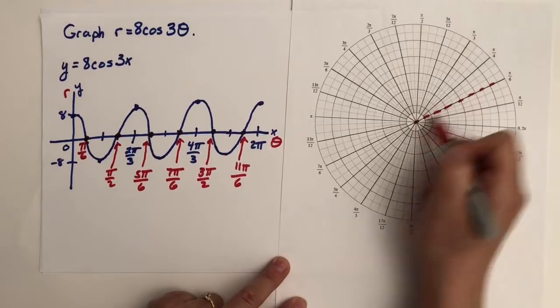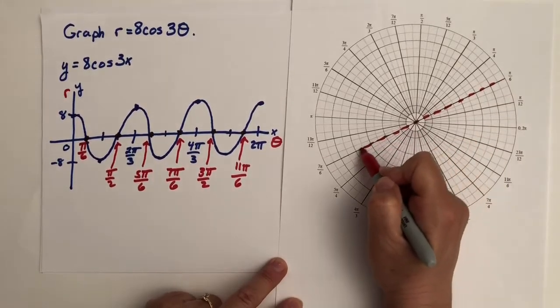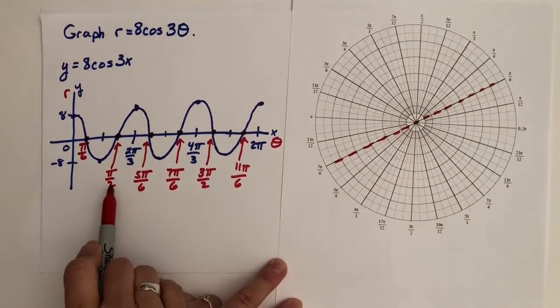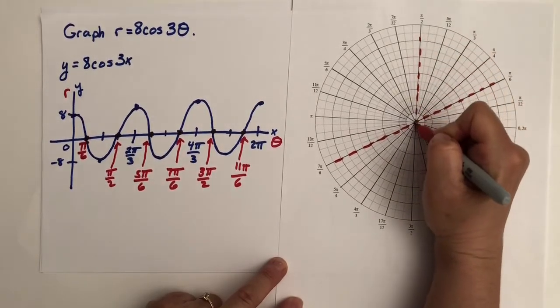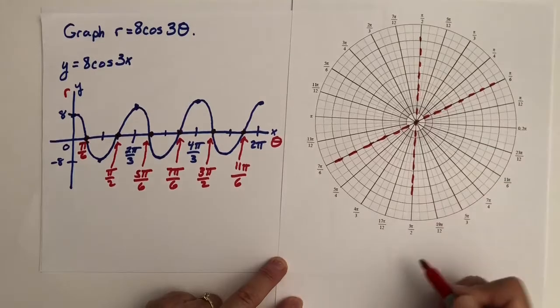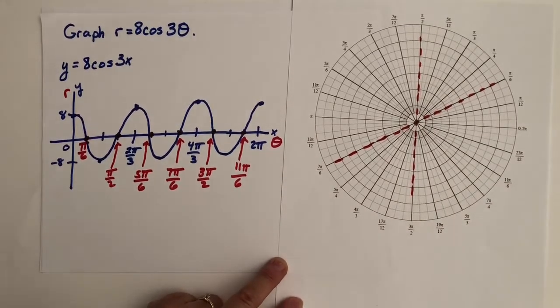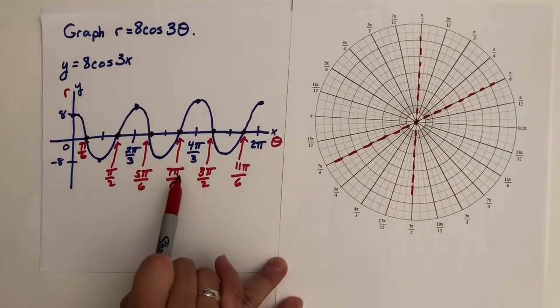Let me put that in, and I extend it all the way across the graph. At pi over 2, let's extend that across the graph. So these will be my graphing guides when I'm graphing this rose curve.